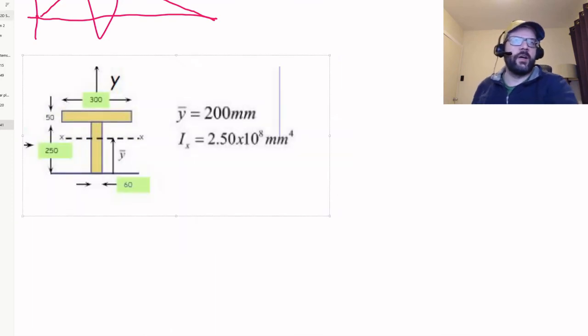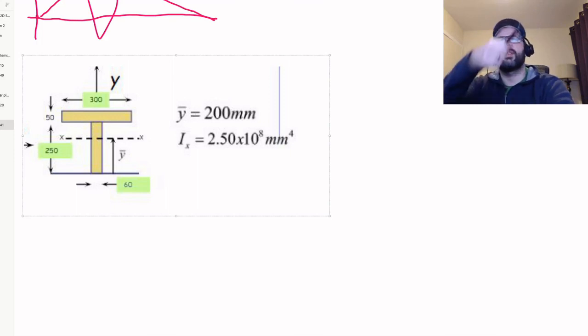So basically, we need to find the centroid of this spot here. Oh, actually, never mind. They told us where the y-bar is. Well, you could have calculated it. So they told us what the y-bar is. We were given the Ix.